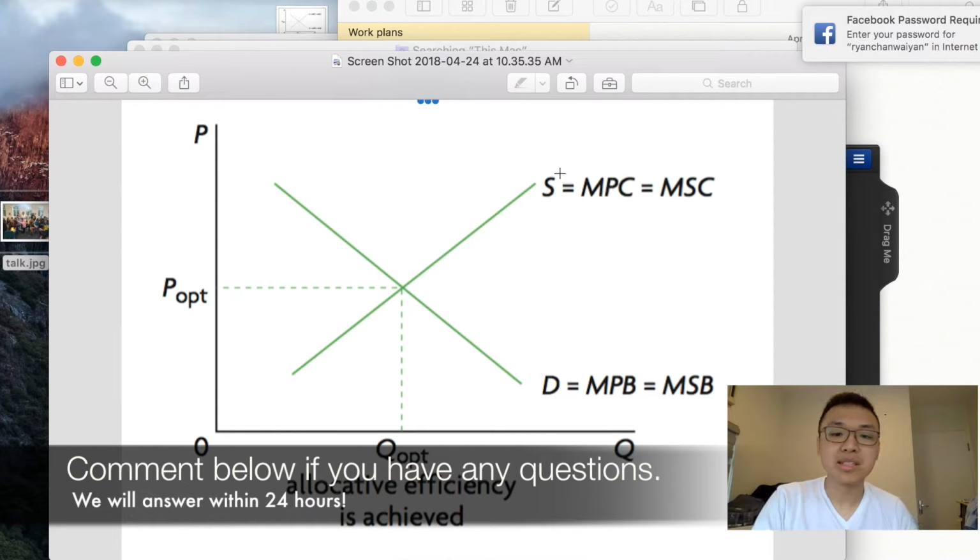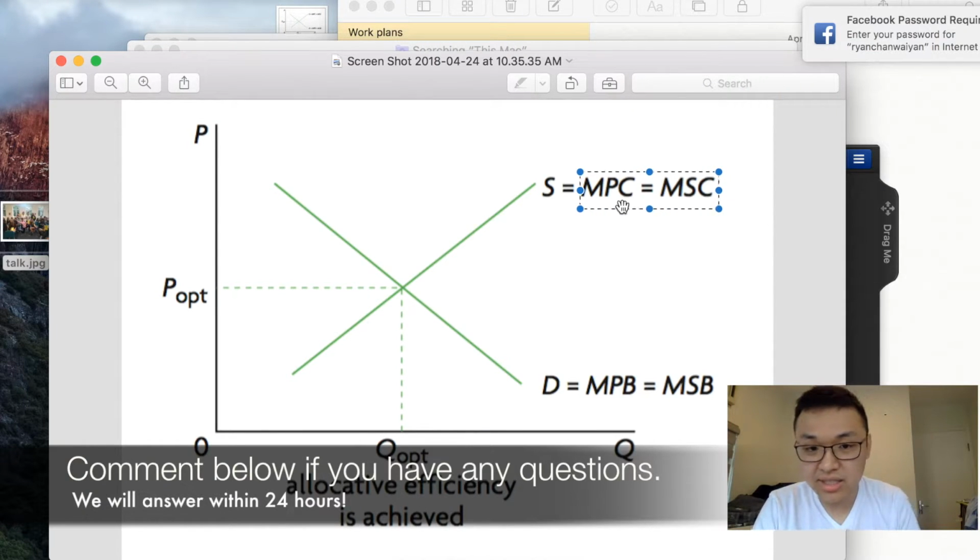Now in this diagram, you can see marginal private benefit is equal to the marginal private cost is equal to the marginal social cost. Okay, so what does this mean? Well, it means that the cost to the producer is equal to the cost to the society. So in this case, what this diagram shows is a situation without externalities.